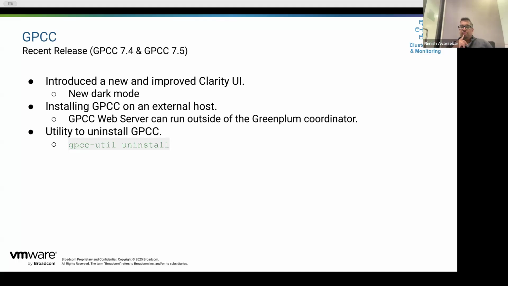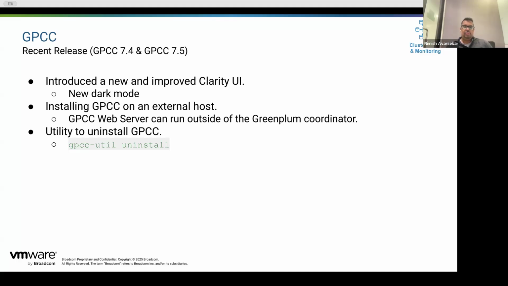We also now have the ability to deploy the GPCC web server outside of the Greenplum coordinator. This basically enables you to run GPCC on a node which is not included in your Greenplum cluster, so that it does not interfere with resources on the Greenplum coordinator.